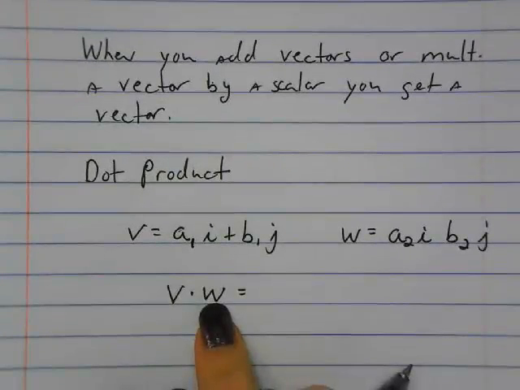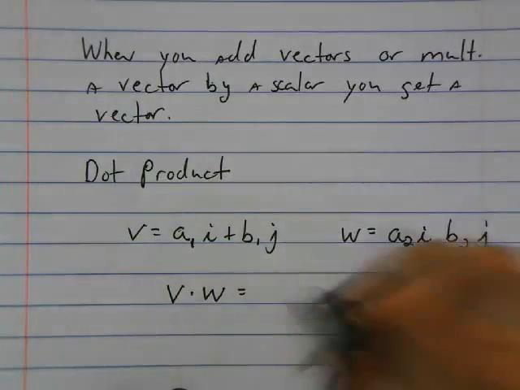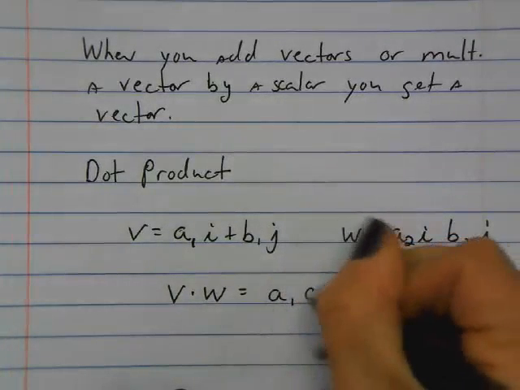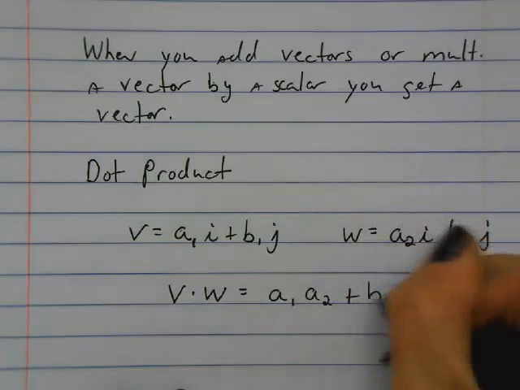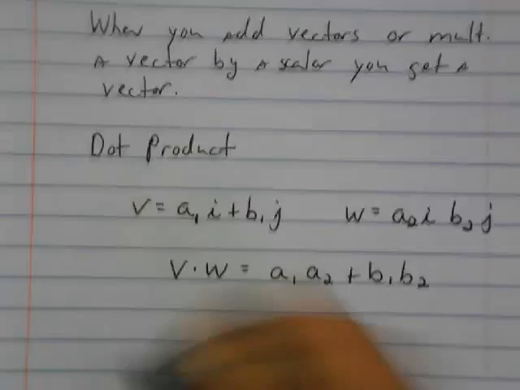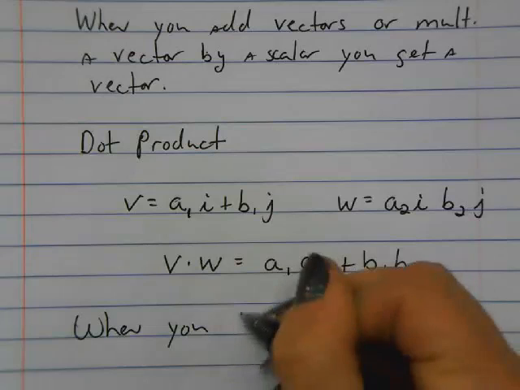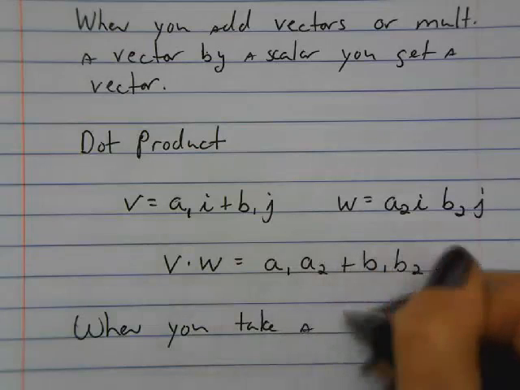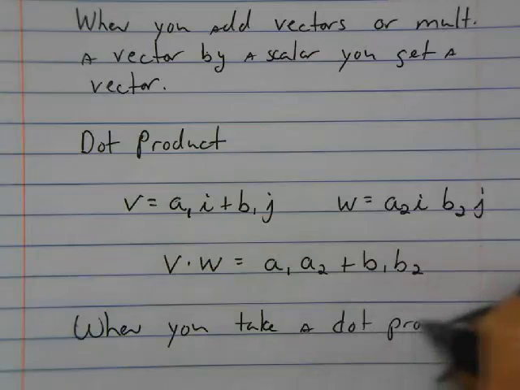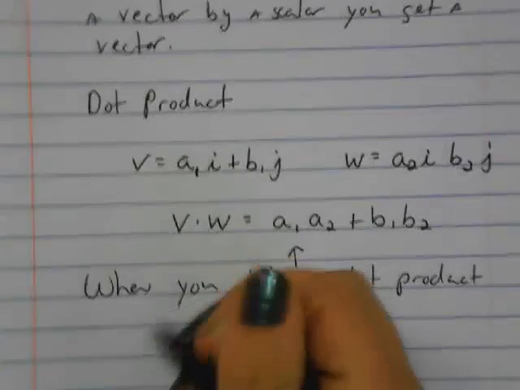I actually get a number, a1 times a2 plus b1 times b2. So when you take a dot product like that, you get a real number.